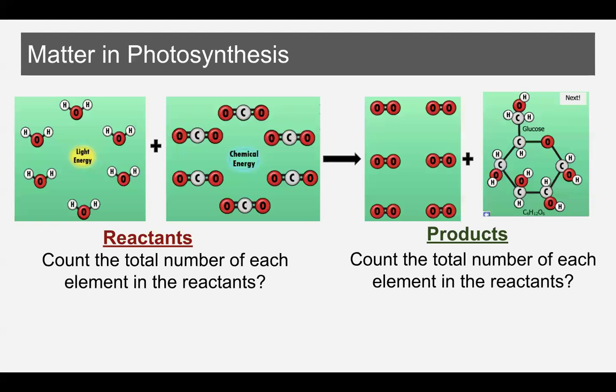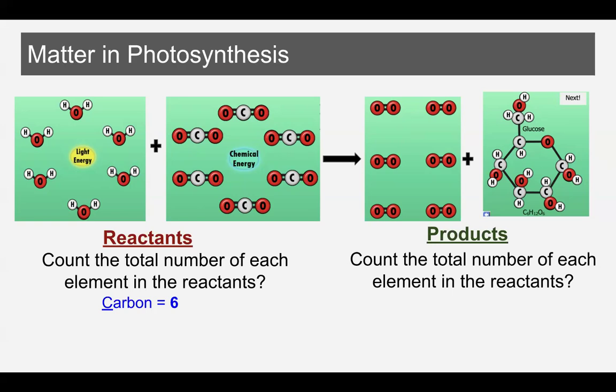So just a quick review of the activity you just did about matter in photosynthesis. Remember, matter is anything that has mass and takes up space. Quickly count how many of each of the three elements, carbon, hydrogen, and oxygen, are in the reactants, and how many of each of these atoms are in the product.